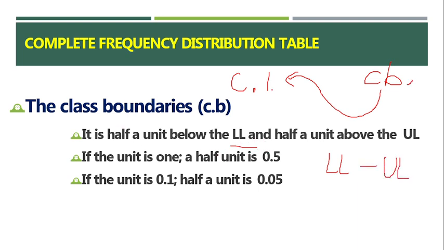So your class boundary is defined as half a unit below the LL and half a unit above the upper limit. So, what is a half? For example, you have 12 to 15.